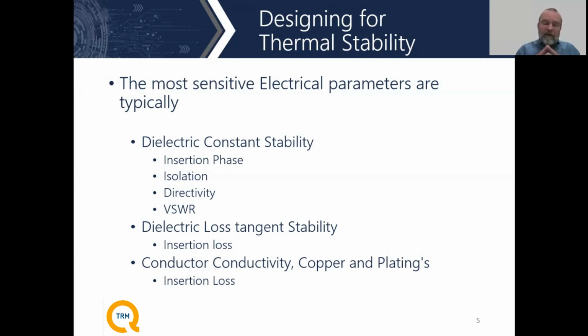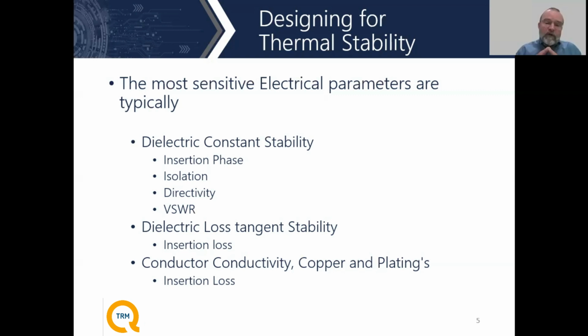The other thing you have to keep in mind is that the conductivity of metal changes over temperature. Again, this directly affects insertion loss, and it works in tandem with the dielectric loss tangent within passive materials. So this can have a negative effect if not mitigated.